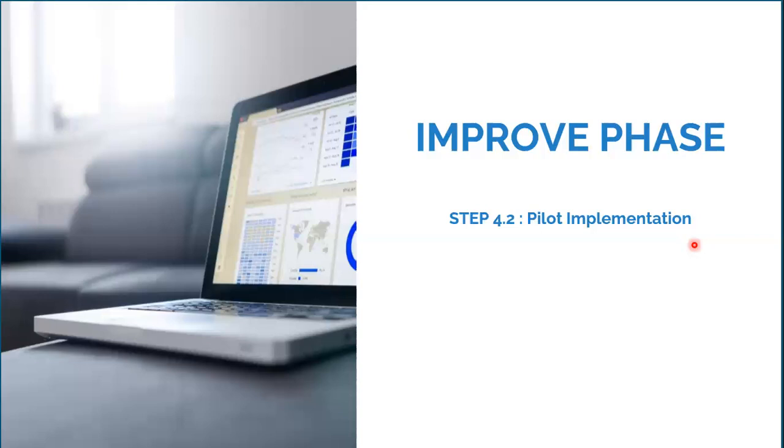In other words, whether these solutions have the potential to bring improvement in the process. So we are going to check it out on a short-term basis, and once we have seen yes, this is working, then we'll scale it up in the control phase. This is the logic behind the improve phase, and this is the connection between the improve phase and the control phase.